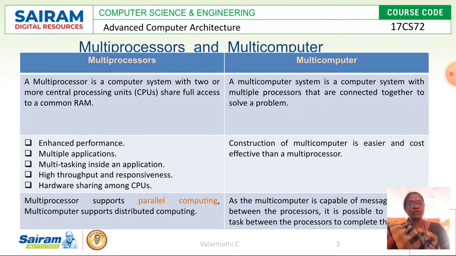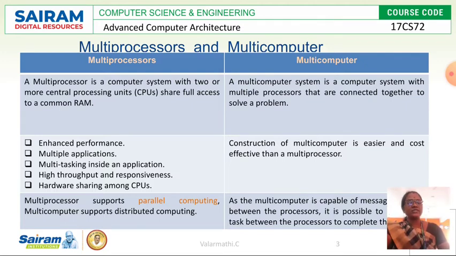The advantages we can achieve in a multiprocessor system are enhanced performance, multiple applications, multitasking inside an application, high throughput and responsiveness, and hardware sharing among CPUs. These are the main advantages provided by a multiprocessor system.